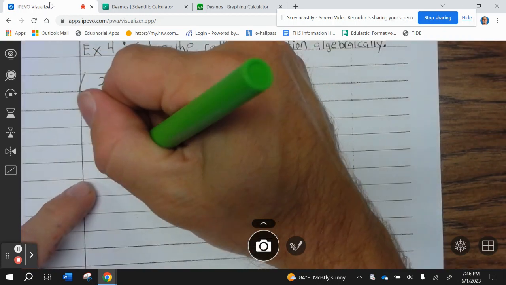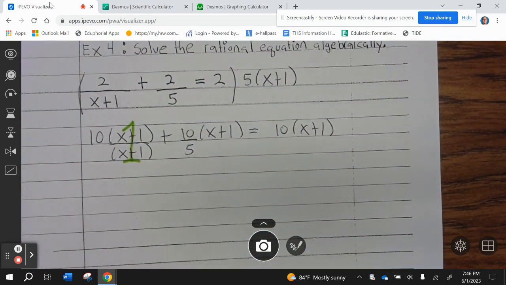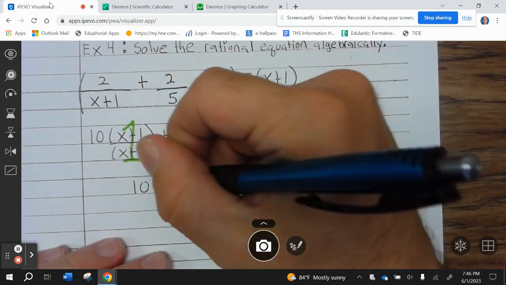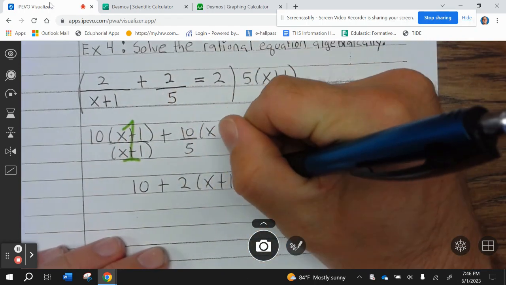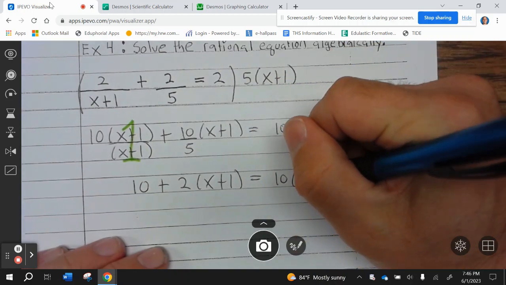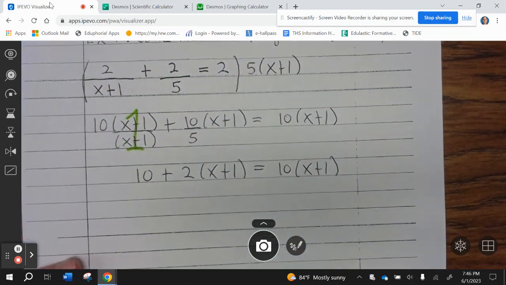Well, this divides and becomes 1. You're left with 10 plus 2 times x plus 1 equals 10 times x plus 1.